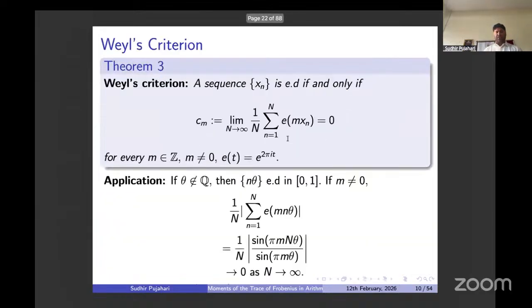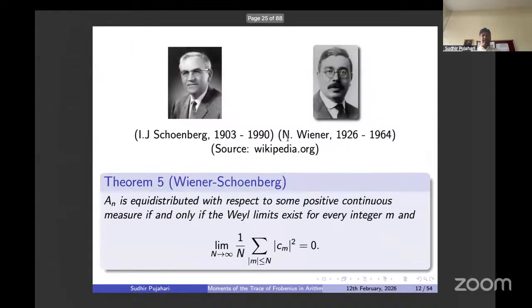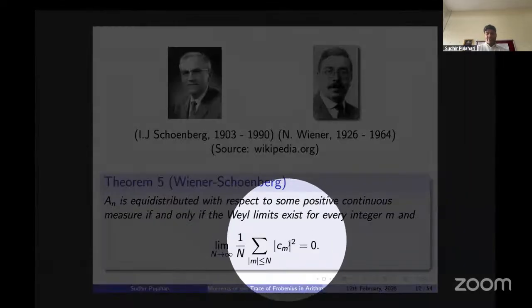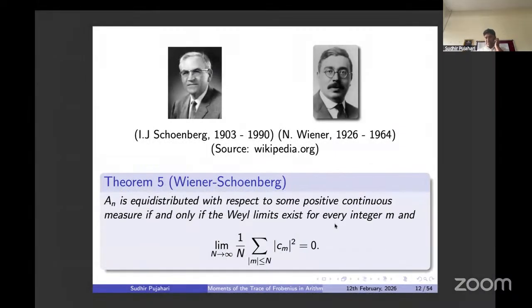This exponential sum, the sum on the left-hand side that is appearing, c_m, is known as the Weyl limit. That Weyl limit, first of all, should exist, and the limit as n tends to infinity of 1 upon n, the summation of c_m square, should be equal to 0. So this is an if and only if criterion, and this is kind of a generalization of what Weyl showed for sequences.